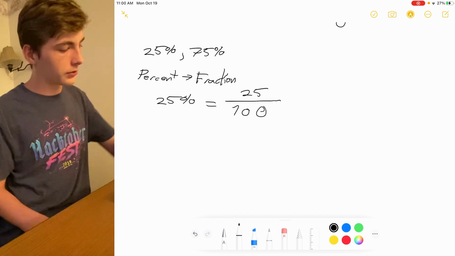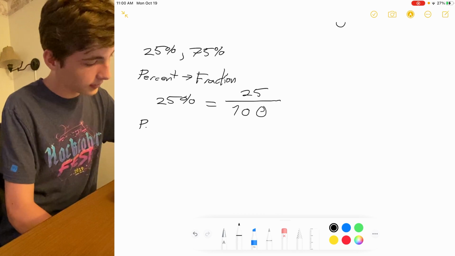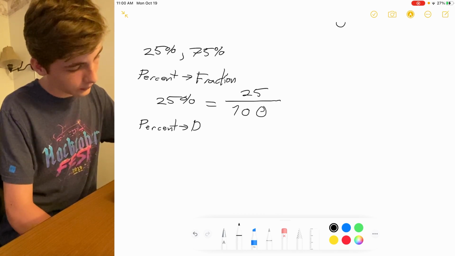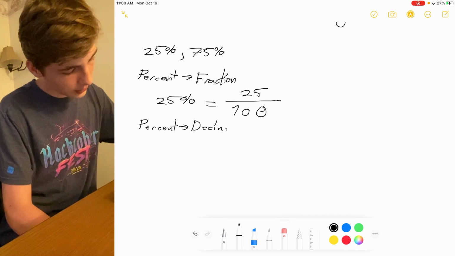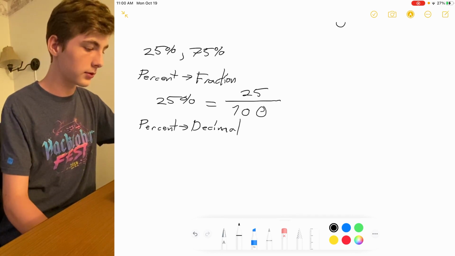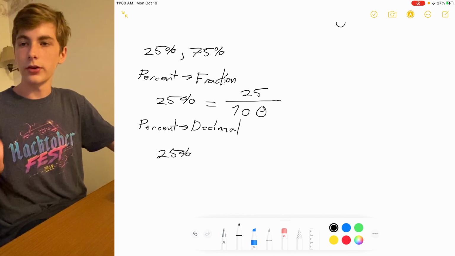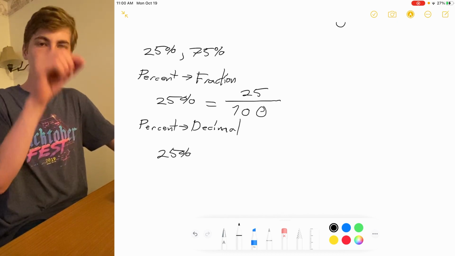To turn a percent into a decimal is slightly more involved, but it's still very simple. All you're going to have to do, so again, let's use 25%, is move the decimal point 2 spots to the left.